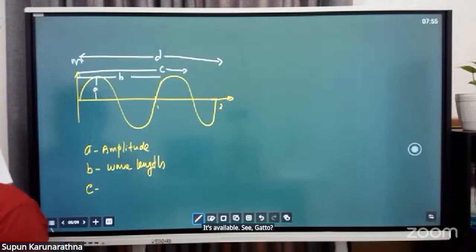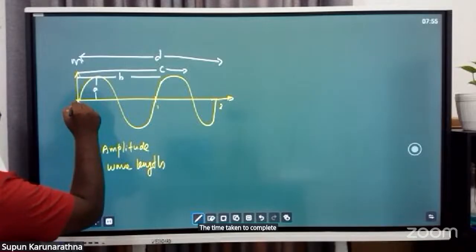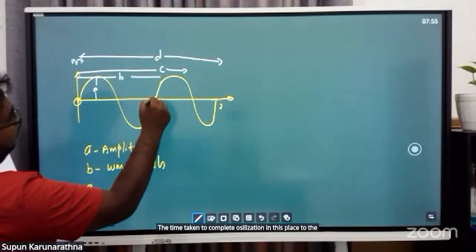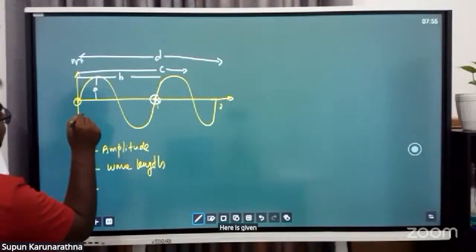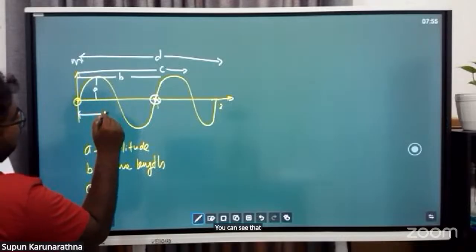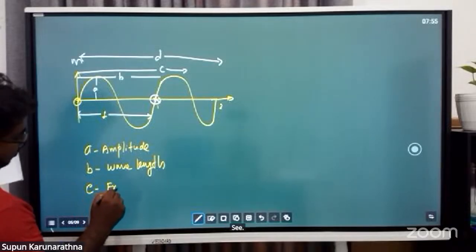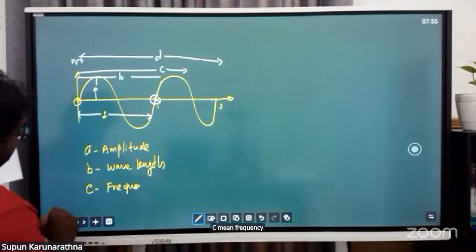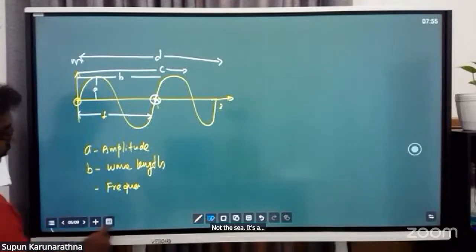And frequency. What do you mean by frequency? Frequency is the time taken to complete one oscillation from this place to the other one. Here it is given as F. You can see that it's given F. Not C, it's which one?